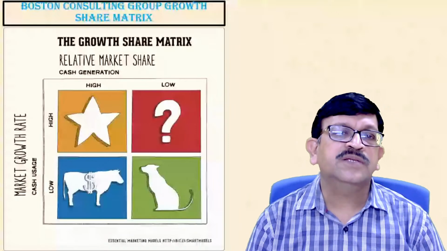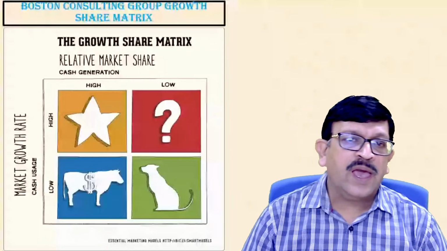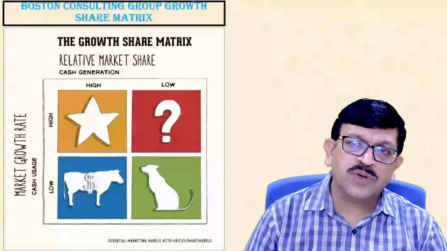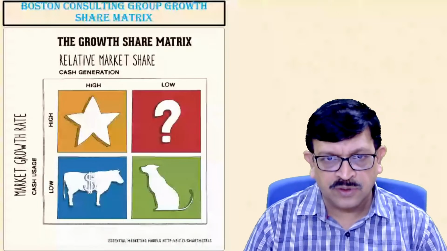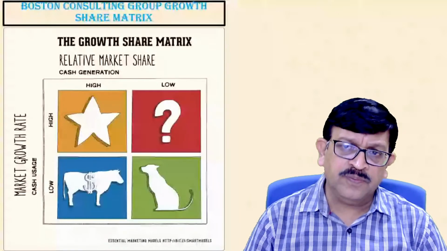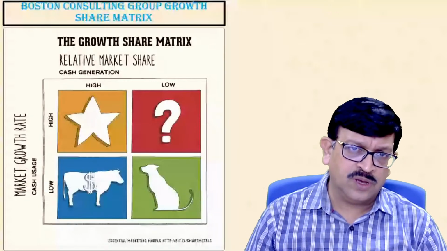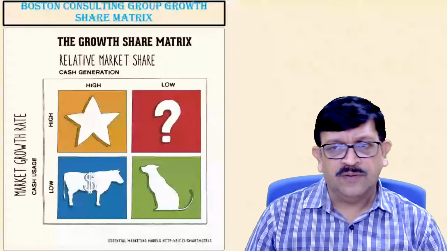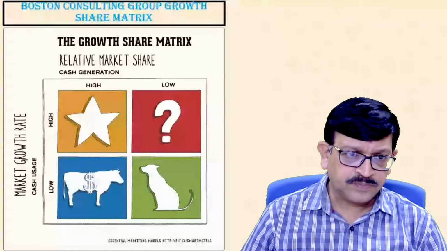What does that mean? It is a market which is growing, and your market share is also growing, depending upon how you are taking decisions to reach out to your customers through marketing strategies, which help you reach more and more people vis-a-vis your competitors. Hence, you have a star.